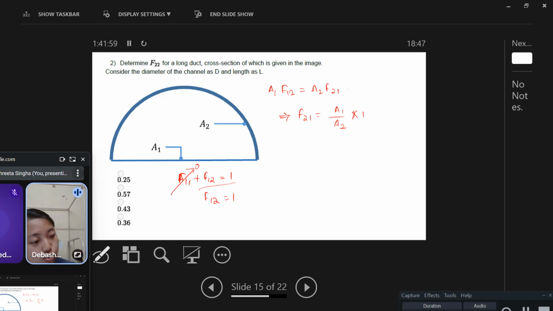In this case, this is true. F12, how much A1 is emitting? This whole one is the A1 surface, and this is the A2.